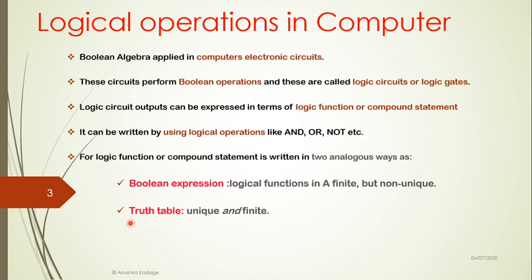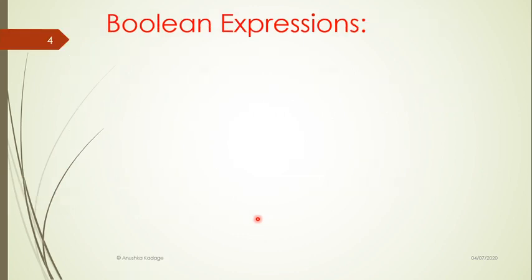While the truth table is nothing but a set of input variable combinations with their respective outputs. Once your circuit is defined, the number of inputs is defined, and corresponding to each input combination, the output is also defined. So here we state that the truth table is unique and finite.